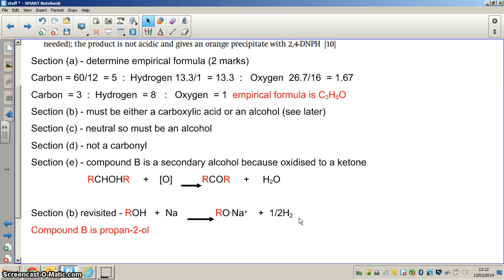And because we've only got 3 carbon atoms, the only form of secondary alcohol that we can actually produce from this empirical formula is propan-2-ol. So compound B is simply propan-2-ol.